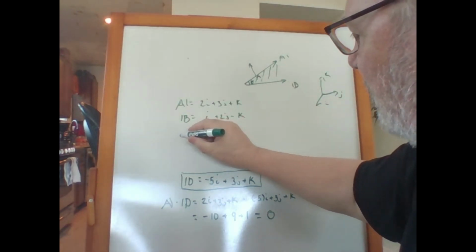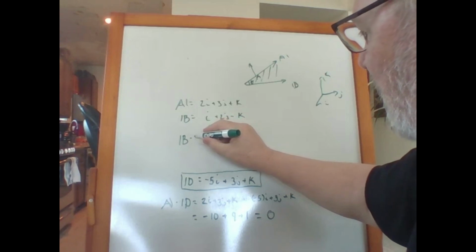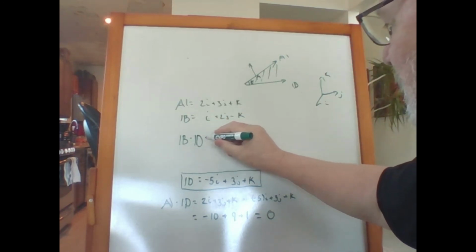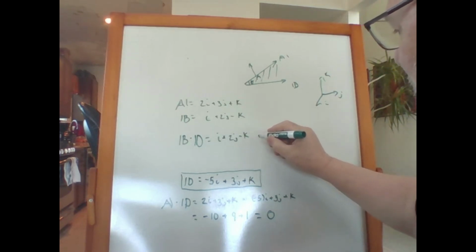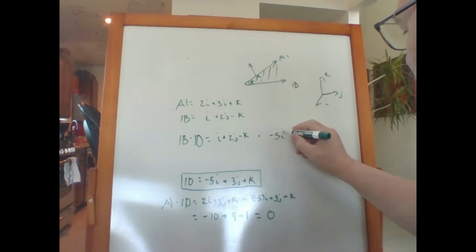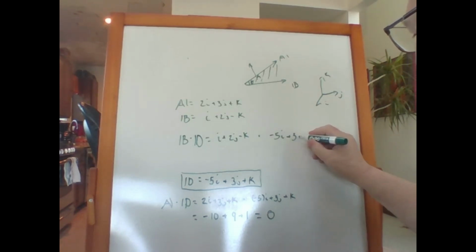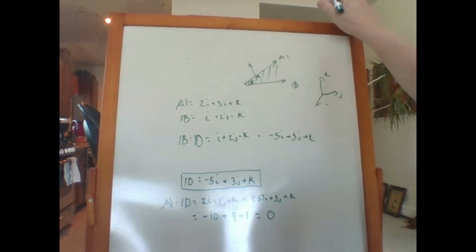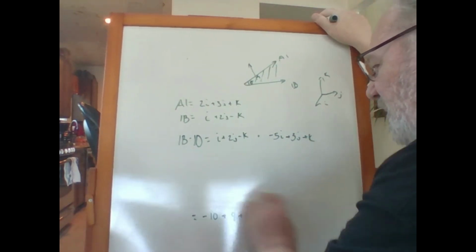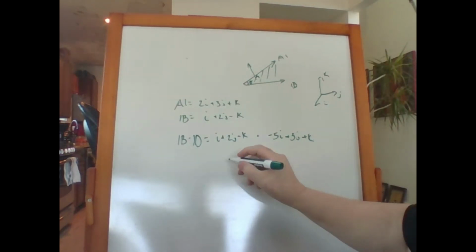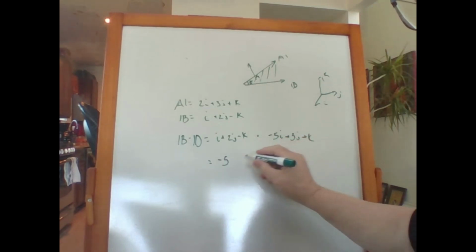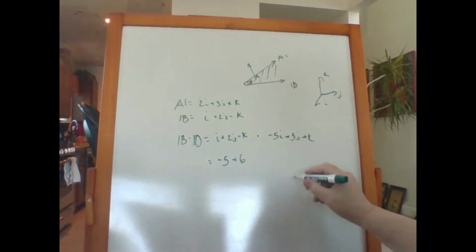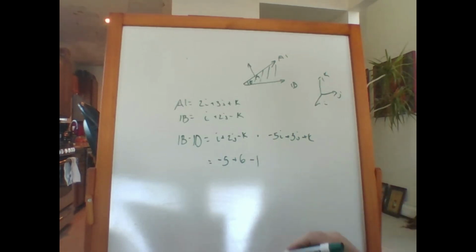So let's say B dot D is equal to i plus 2j minus k dot minus 5i plus 3j plus k. And let's see what that comes out to be. And that's equal to minus 5 plus 6 minus 1. So that's 0.